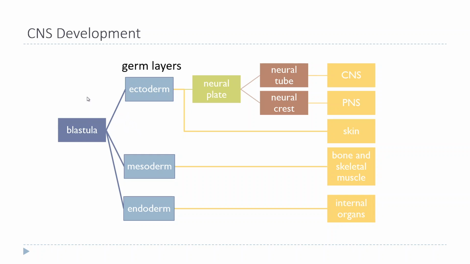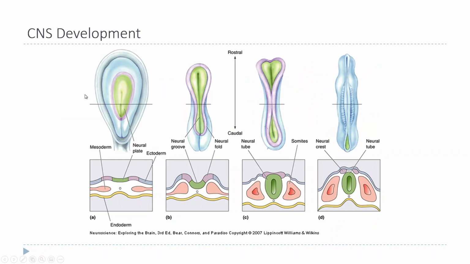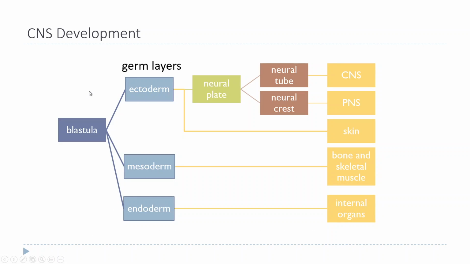So pretty much all vertebrates, all animals, start off as just a ball of cells, and then eventually called the blastula, and then eventually that ball sort of indents inward a little bit, and you end up with a structure like this called the gastrula, and that little pocket there will eventually become basically the lining of the digestive system.